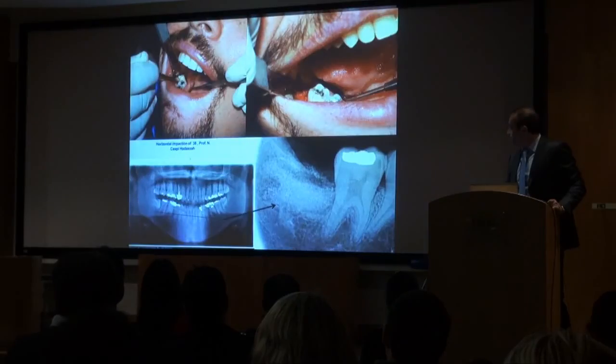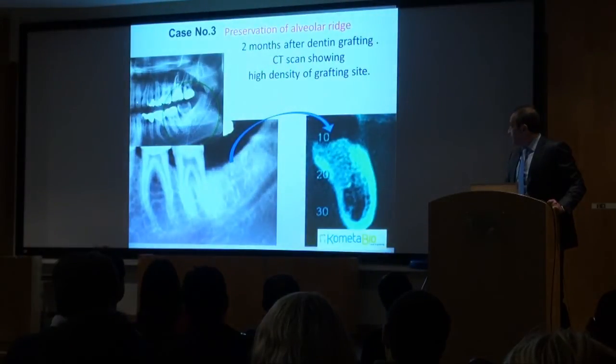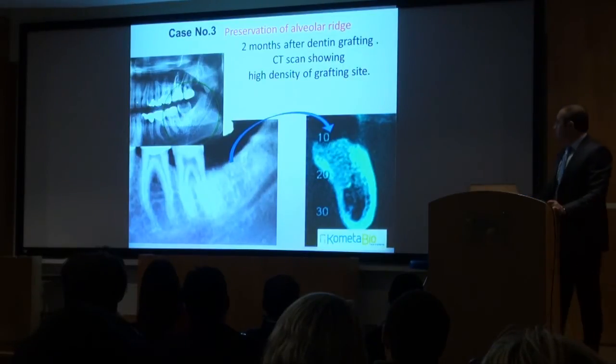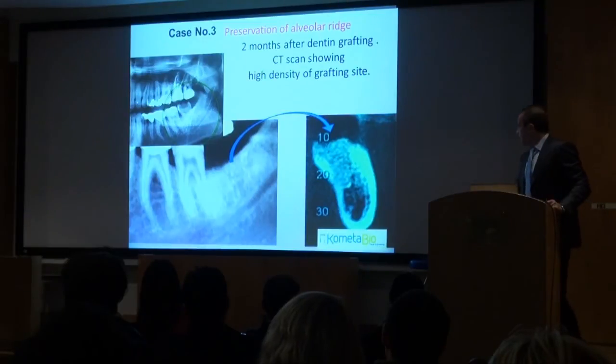The same case. Again, a wisdom tooth with a big deep caries, unrestorable, has been extracted by me, processed by our method, and here you can see on the CT scan high density of the grafting site after 2 months.